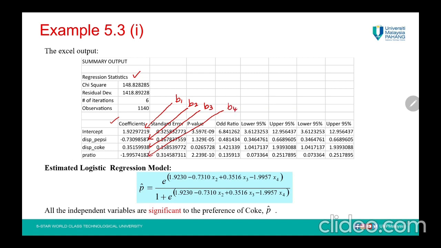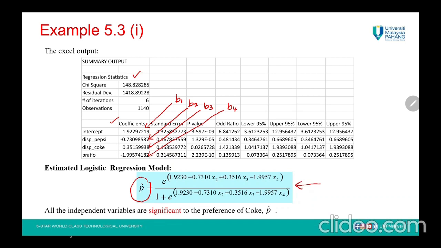Remember that in this data we have 3 X's, so this is the case of a multiple logistic regression model. We have 3 X's. So the estimated logistic regression model P hat for this data is given by this model.